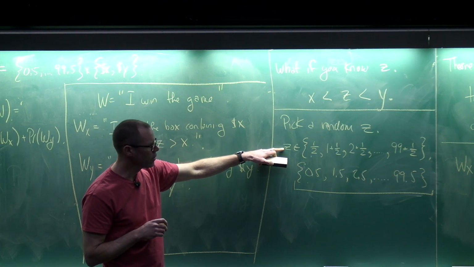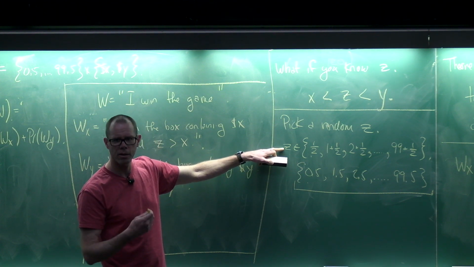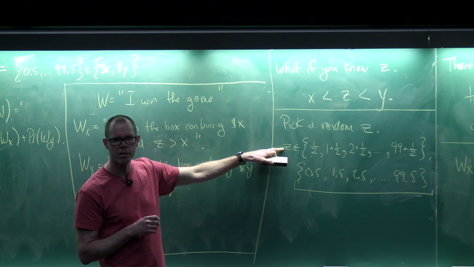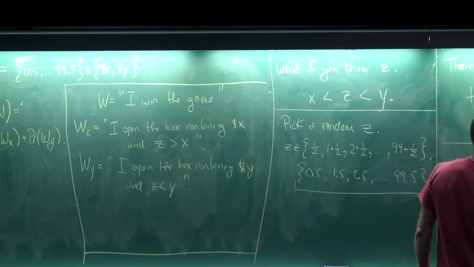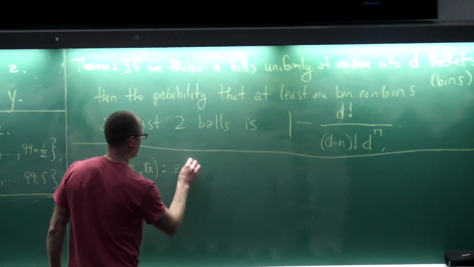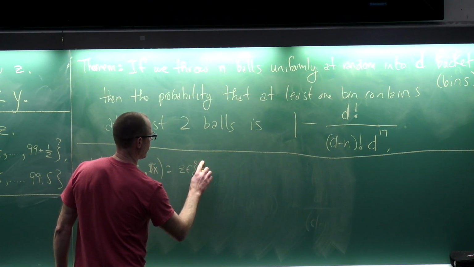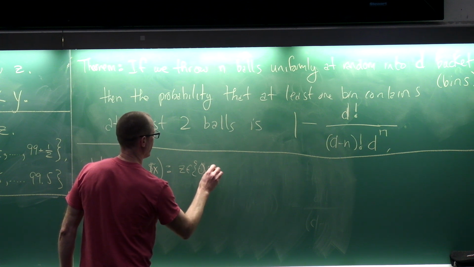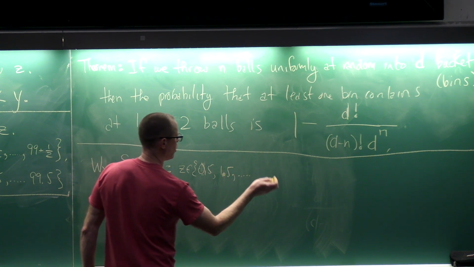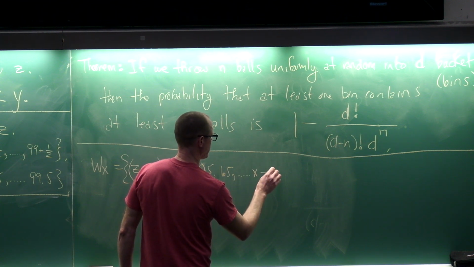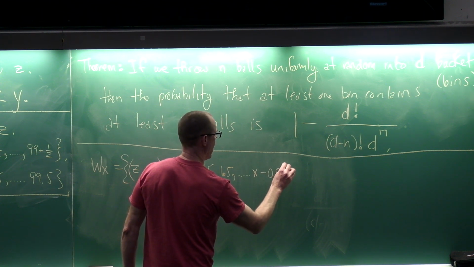So if x is x, how many of these values are smaller than x? X. Okay. So such that z is in 0.5, 1.5, all the way up to x minus 0.5.